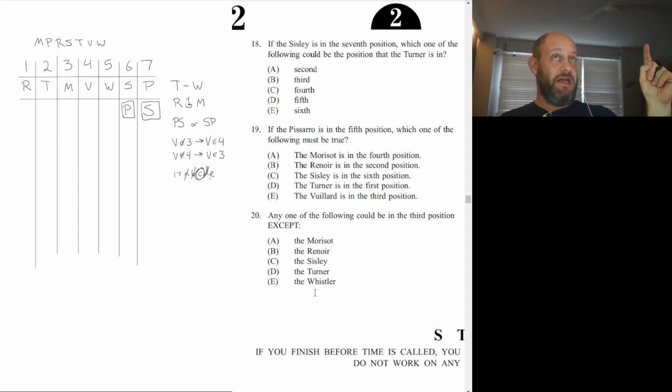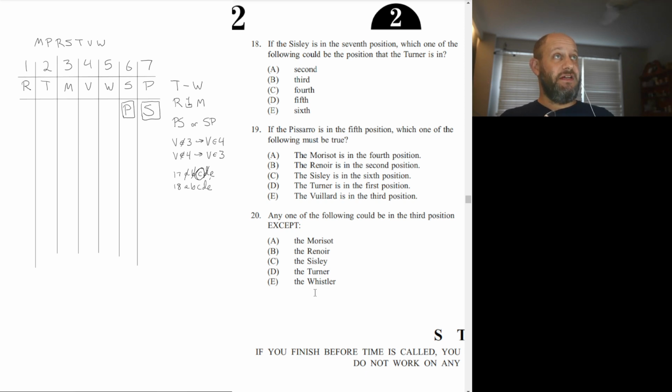I've written down P. Let me go back to the rules. Do I say anything else about P? No. Do I say anything else about S? No. This is where I stop, and now I start to brute force. So again, I've got number 18, A, B, C, D, E. And I say, okay, which of the following can T be in?